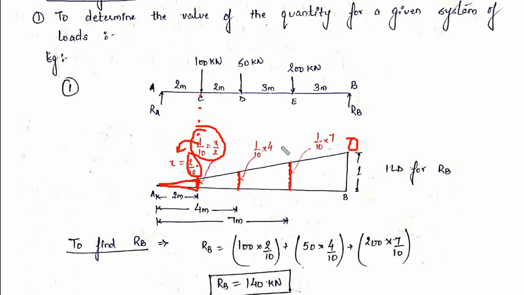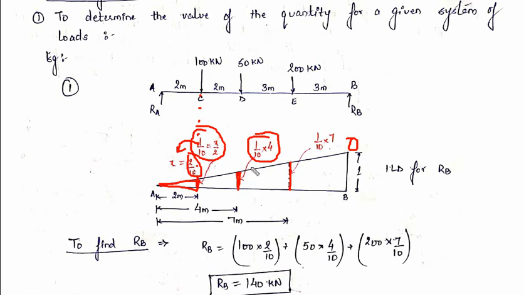Now we will find the value of the next ordinate again by similar triangles. So 1 by 10 into, just remember, the perpendicular of the bigger triangle divided by the base of the triangle, into the distance of that ordinate from the A support. You just have to do this much calculation and you will get the value of the ordinate.